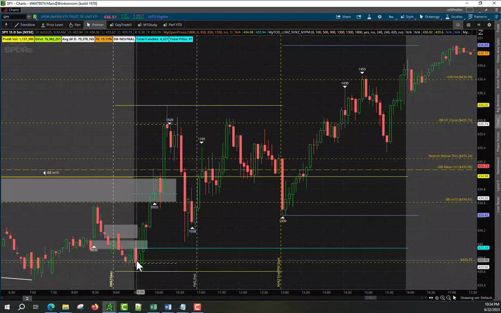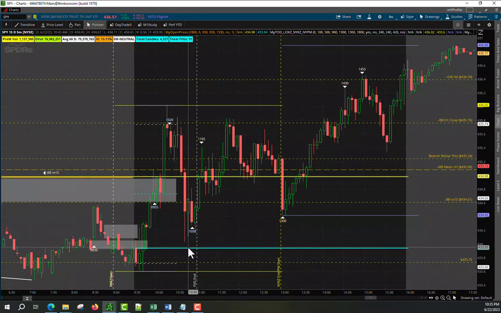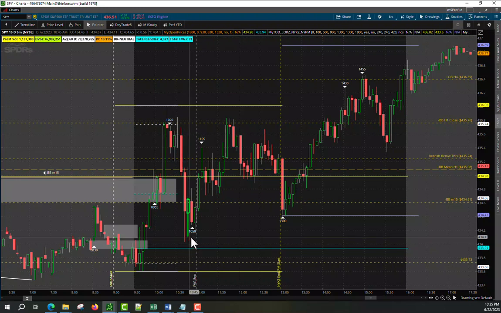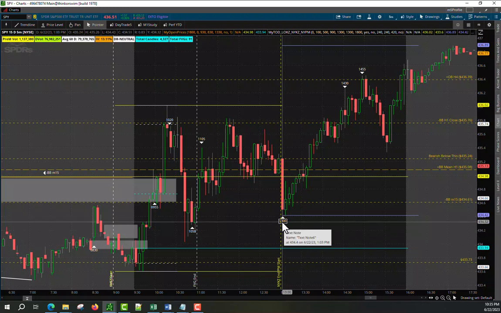At 9:35 it pulls back just a little bit below there, but boom, at 9:40 it moves away from the 9:30 open. At the retest at 10:40, it doesn't even touch. Rejection at 10:45, and it tests again right there, but it never reached the level. So that is a very strong bullish signal.